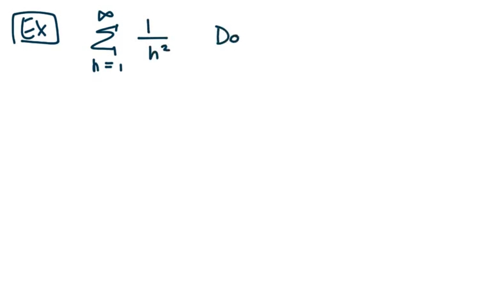So in this example, the nth term is going to be 1 over n squared. So we're dealing with the sum n equals 1 to infinity of 1 over n squared. And what we want to know is, does this series converge?